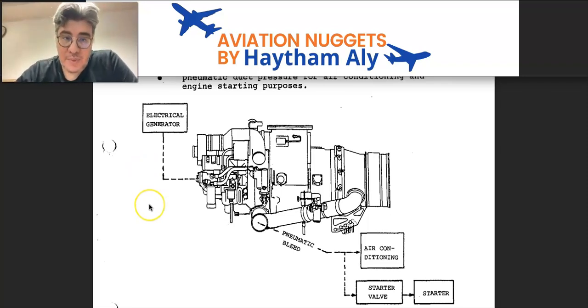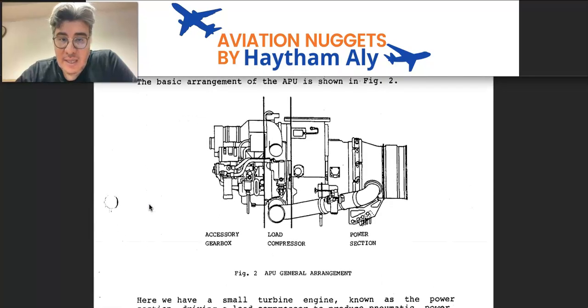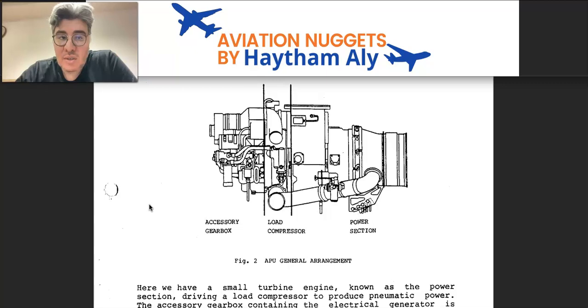So, as you can see here, these are the three sections or modules of the APU: power section, load compressor, and accessory gearbox.